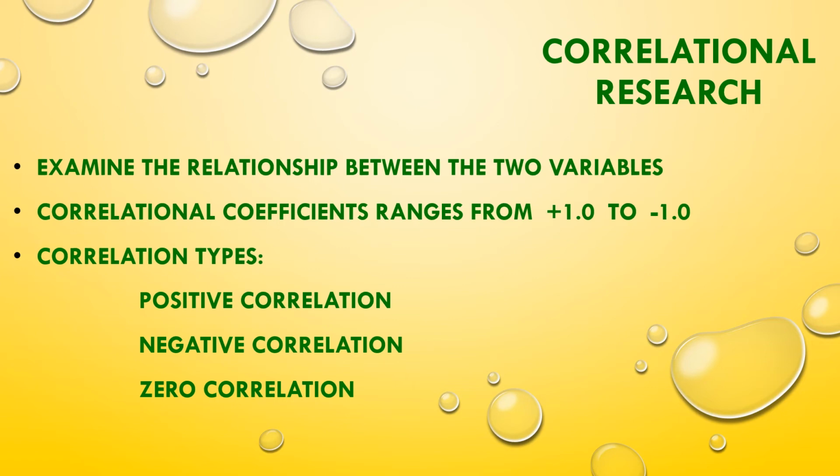In zero correlation, with the change of one variable, the other variable is not affected by the change. So there is no relationship between the variables. For example, being a millionaire and happiness are not correlated. An increase in money doesn't lead to happiness.